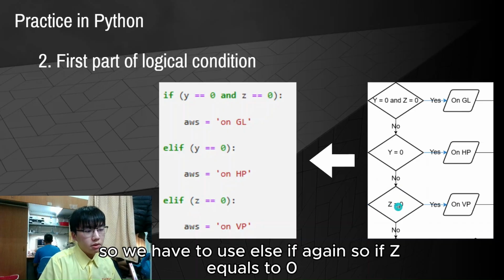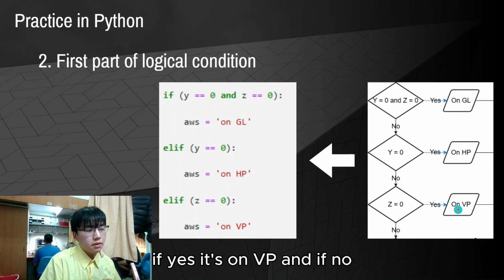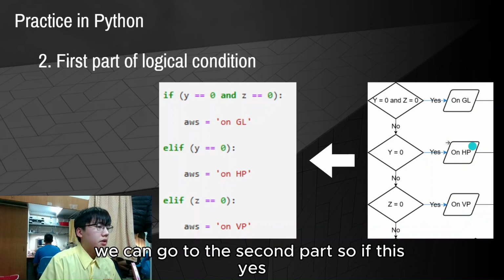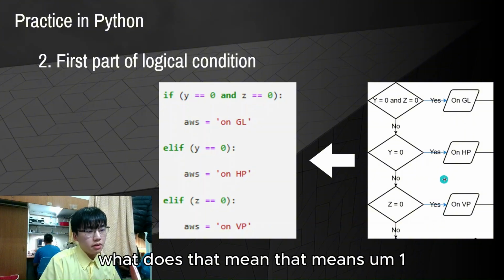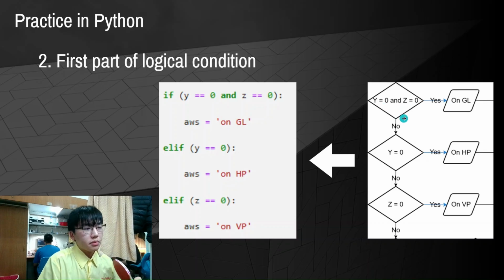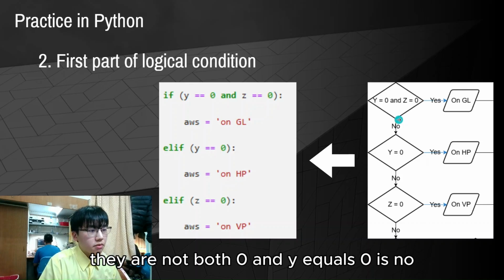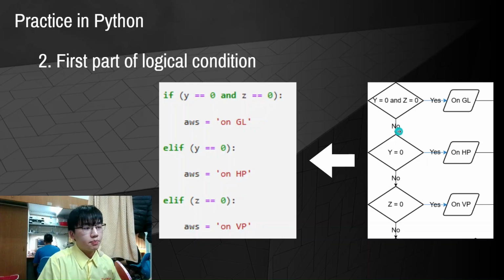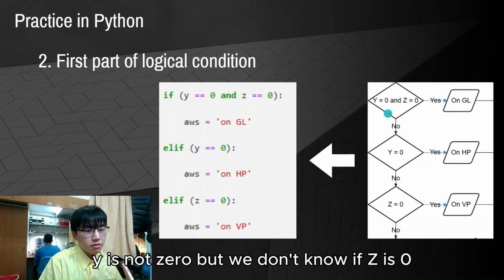So if z equals 0, if yes, it's on VP, and if no, we can go to the second part. So if this is yes, what does that mean? That means y equals 0 and z equals 0 is false. So they are not both 0, and y equals 0 is no. So y is not 0, but we don't know if z is 0.